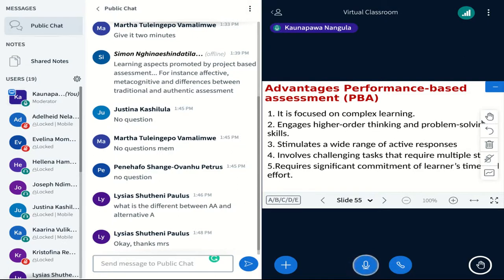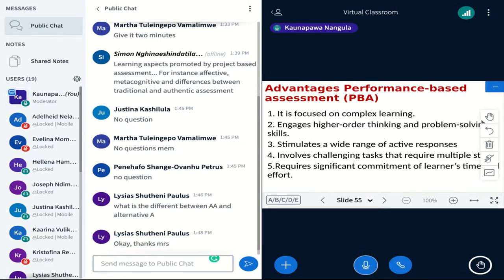Collaborative working is encouraged in PBA. Alternative assessment assists teachers to have a better understanding of the learner's learning, because you are looking at multiple aspects of the learner. You don't just look at the answers they have written, but also at other aspects the learners employ in the performance of a task.